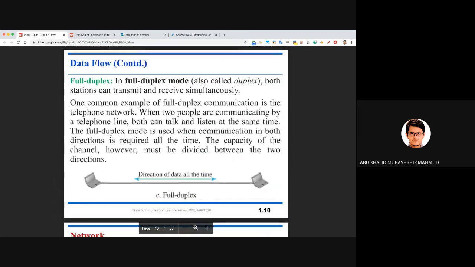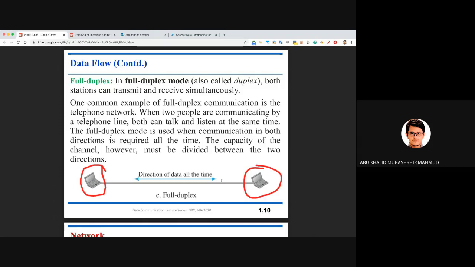Now let's go to our last topic for today, full duplex mode. Here, station 1 and station 2 can communicate simultaneously, can transmit and receive simultaneously.